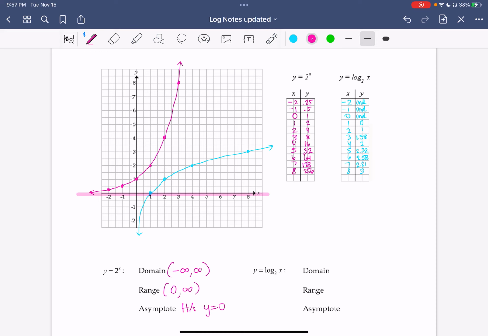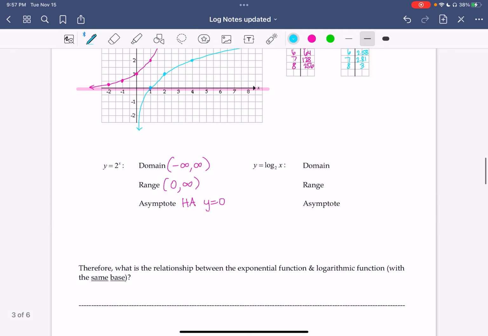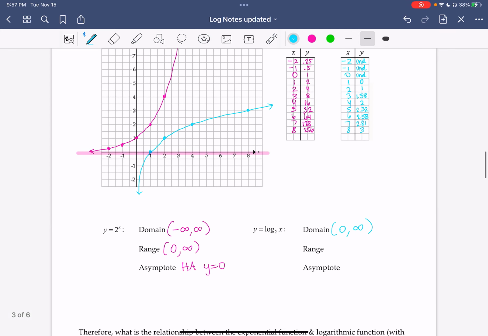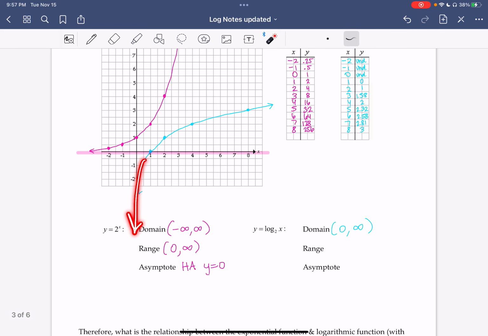All right, now let's do the logarithmic function. So from left to right, the domain starts at 0 and then goes out to infinity. And it doesn't touch 0, so it's going to be 0 with a parenthesis and then infinity. For the range, it's going down forever and up forever, so it's all real numbers, negative infinity to positive infinity.